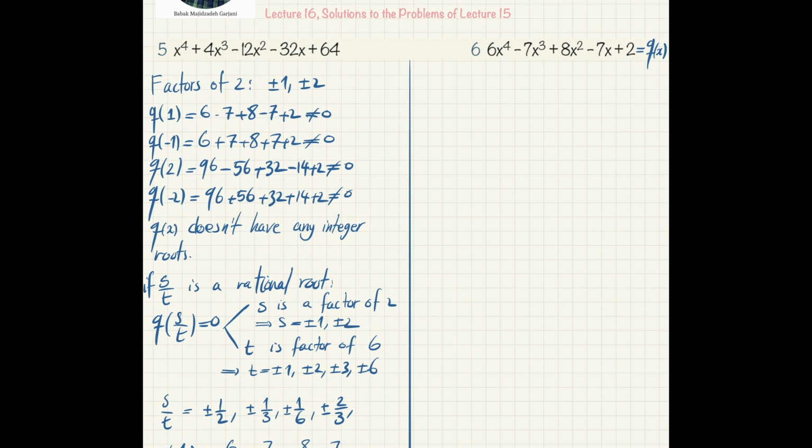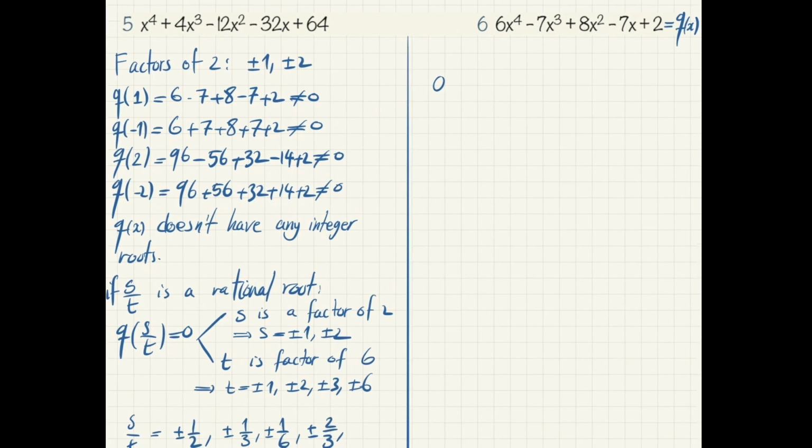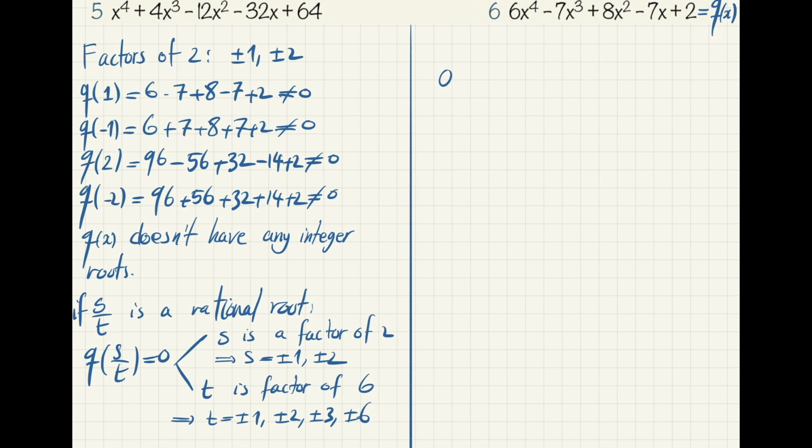So I have 6x to the 4, minus 7x to the 3, plus 8x to the 2, minus 7x, plus 2. Then I divide this by x minus a half.